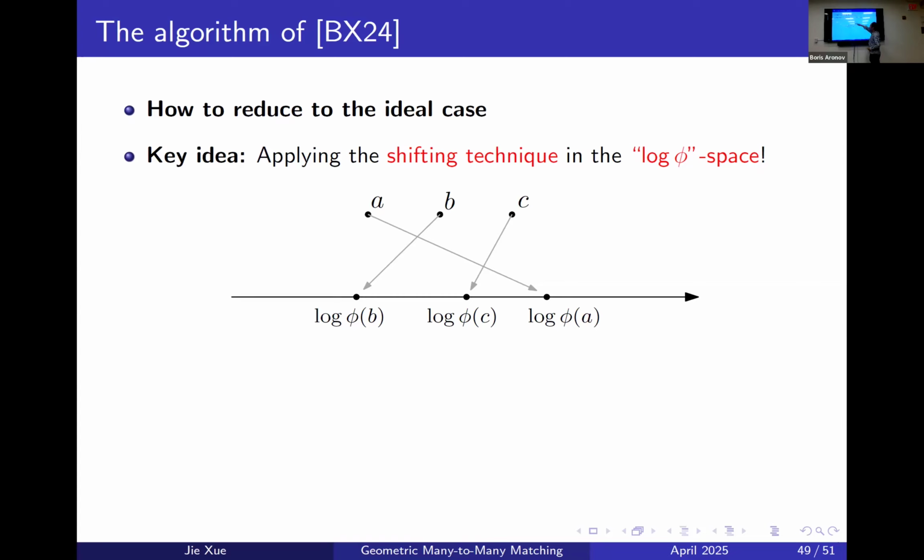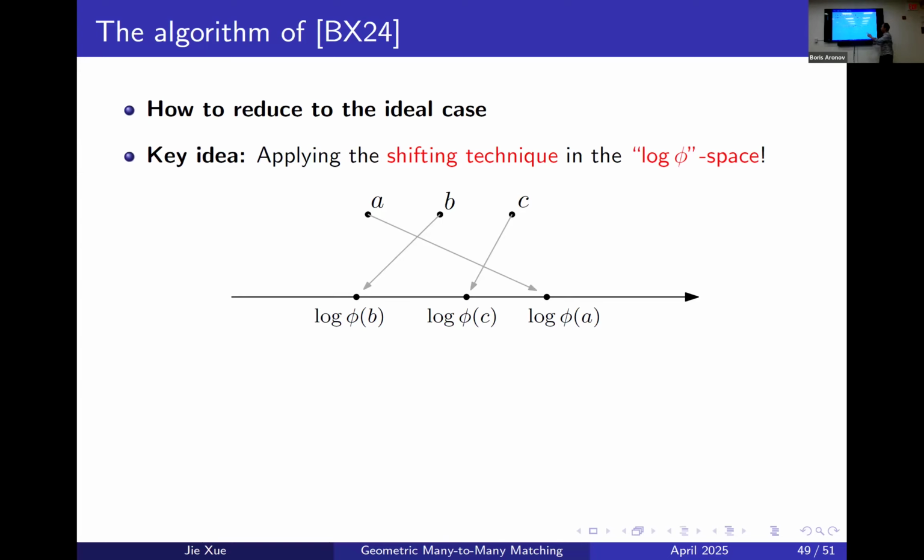For every point, you map it to a one-dimensional space where its number is the logarithm of the phi value. So you essentially sort all the points using their phi values, but those numbers are the logarithms of the phi values. Okay, then imagine that now we partition this one-dimensional space using a one-dimensional grid, with each interval having length, say, 1 over epsilon or something.